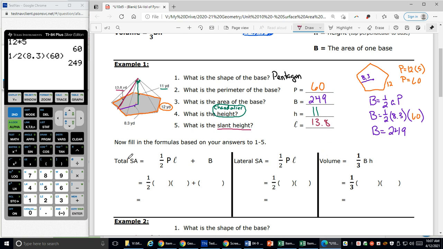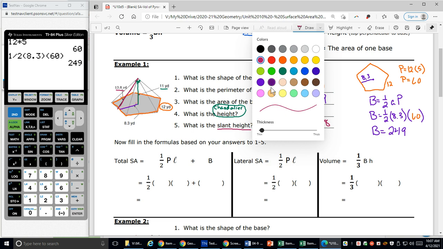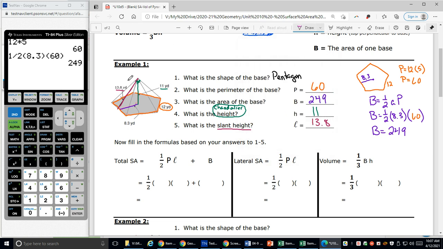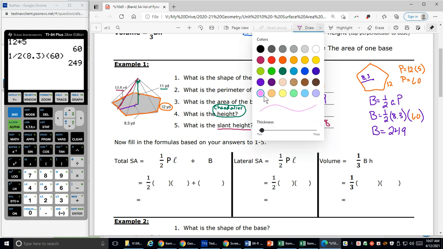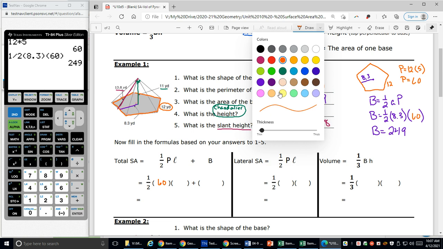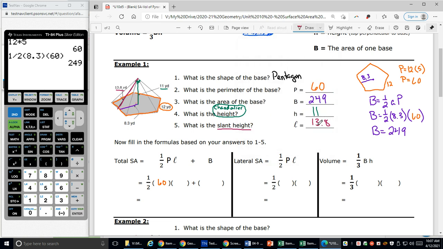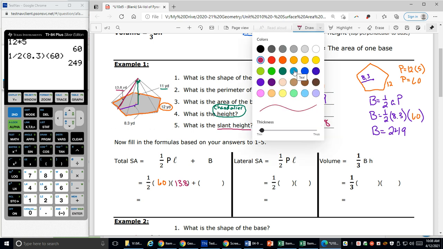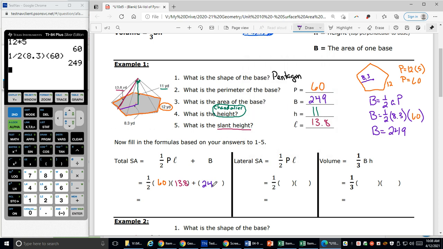Okay, so now let's find our total surface area, our lateral area, and our volume. My total surface area is 1/2 the perimeter, I know the perimeter is 60, times the slant height, L. My slant height is 13.8. And then the area of the base we found to be 249.